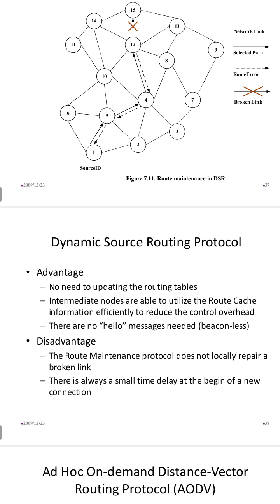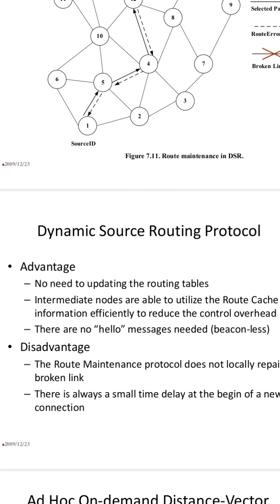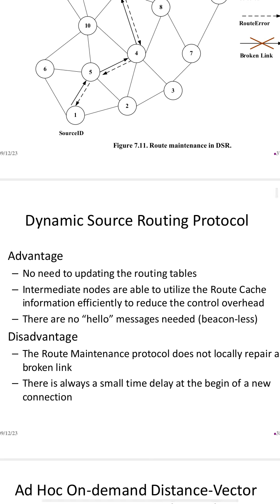Okay, so there are several advantages and disadvantages in the dynamic source routing protocol. Here the advantage is that there is no need to update the routing tables. Because this is an on-demand routing protocol, there is no need to maintain any routing table, and that is the main advantage. Another advantage is that intermediate nodes are able to utilize the route cache information efficiently to reduce the control overhead.